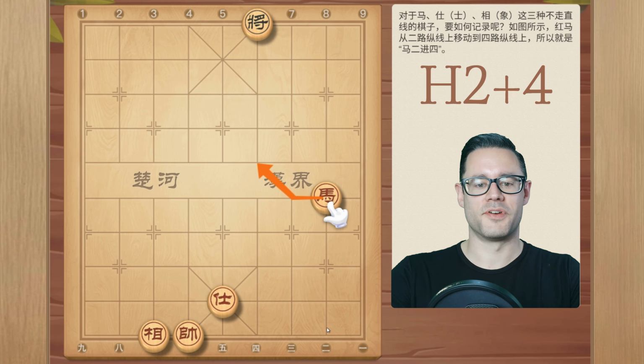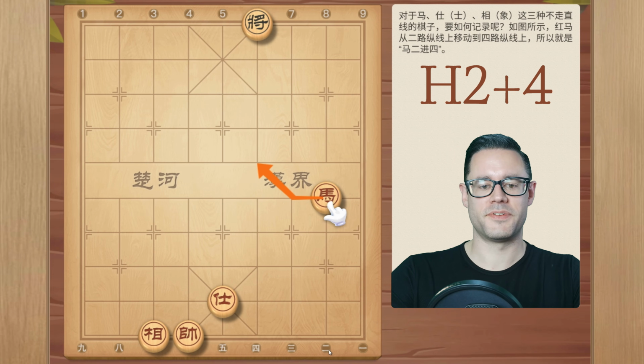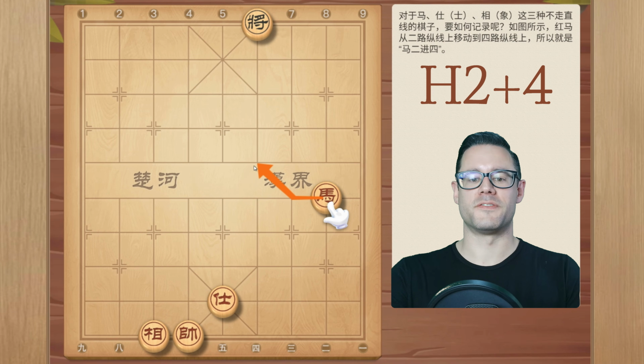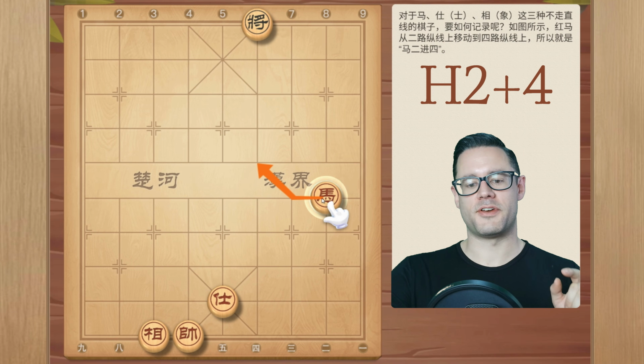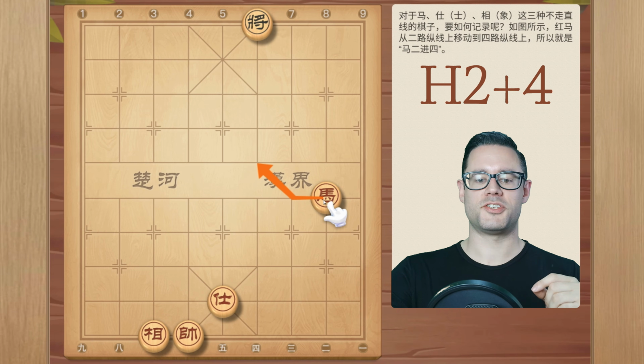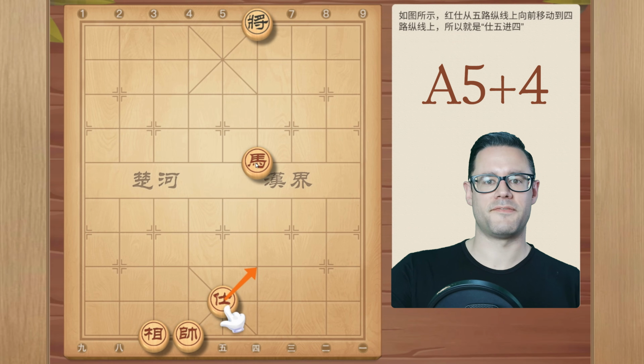We say the horse, H, on file 2, so H2, advances forward, because in this case the horse is moving forward on the board, and then we say the resulting file number. So horse on file 2 advances to file 4. H2 plus 4. Same type of thing for the advisors.